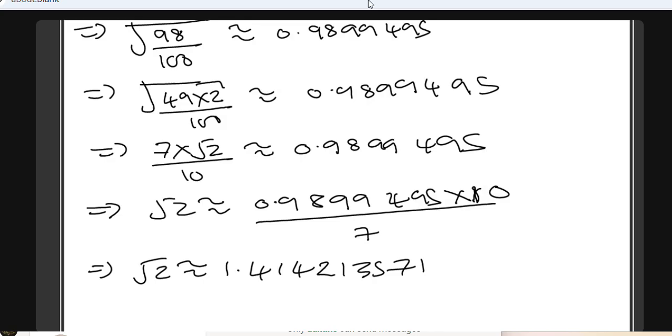All right. Questions? How did you find the approximation of the square root of 2? At what? How did you find the approximation of the square root of 2? I haven't gotten you right. What are you really asking? Because everything I've written was to approximate the square root of 2.